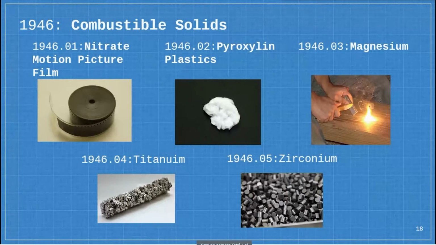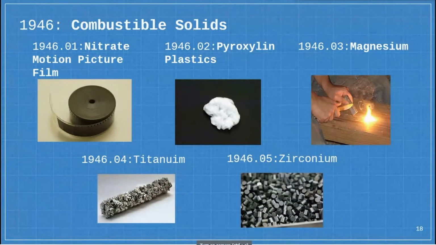So yung unang-una is yung nitrate motion picture. Nitrate-based film is highly flammable at temperatures around 100 degrees Fahrenheit and cannot be extinguished once ignited. Pag nag-apoy na siya, almost impossible na siyang mapatay ng kahit ano.